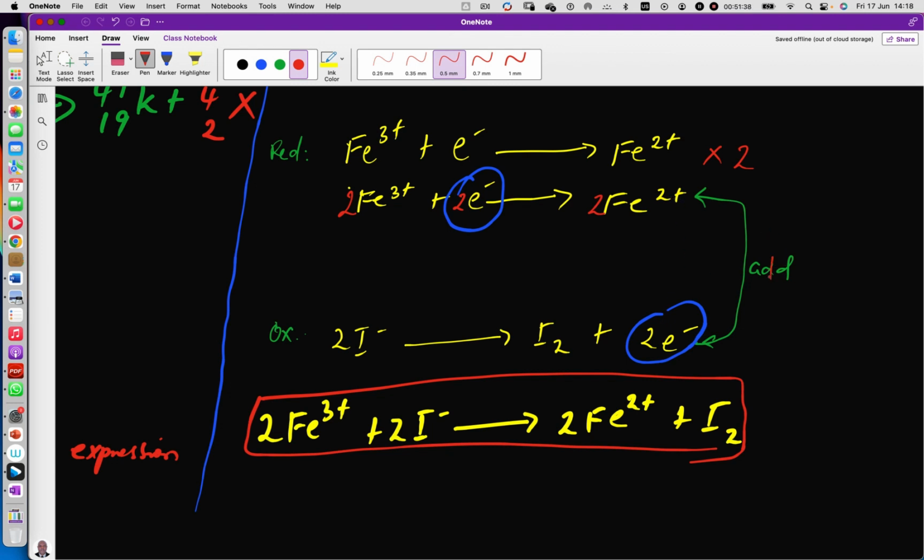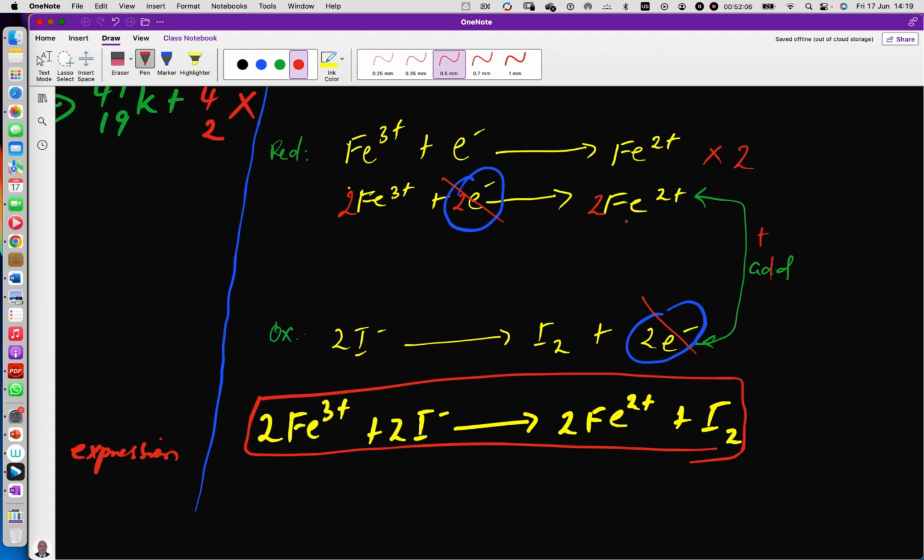So on adding this equation, we'll have 2 iron 3 plus plus 2 iodide ion to give what? Because we already cancelled this one.